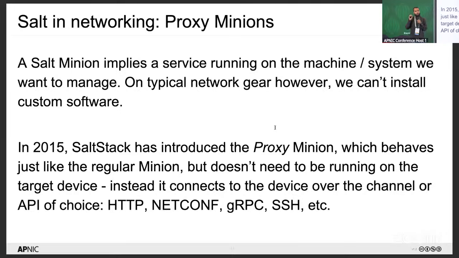Now, for devices where you don't have an option to install a package, the agent, instead of living in the box, can live outside the box as long as it can maintain a connection with the device.